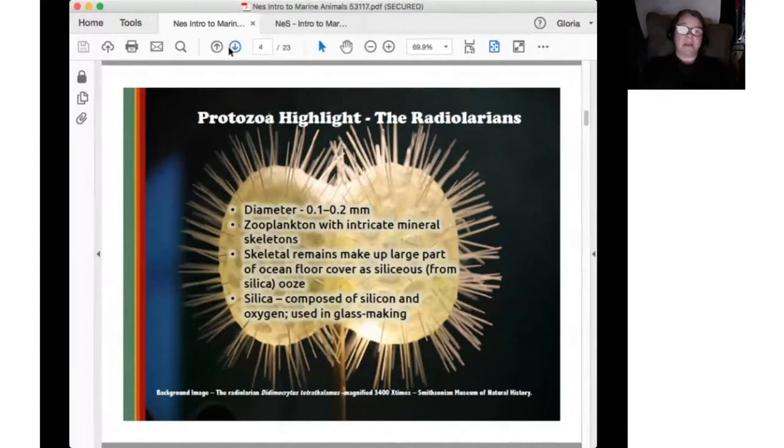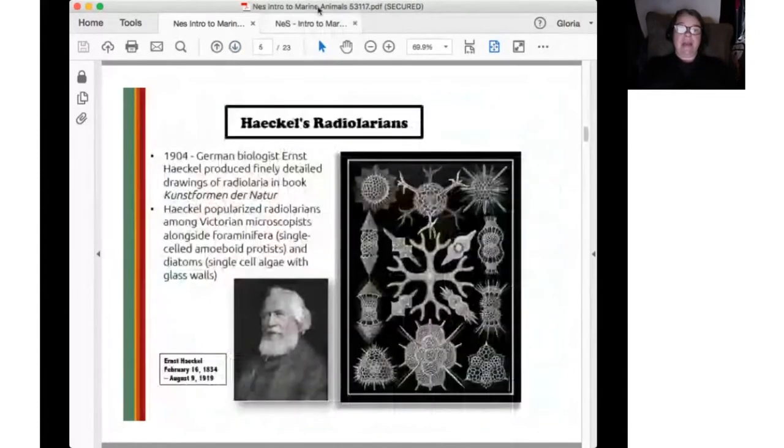All right, our next slide here. Now, Ernst Haeckel, he was a German biologist who created this beautiful image here that you see. These are different radiolarians. He produced finely detailed drawings of radiolaria in his book, Kunstformen der Natur. And forgive me if you're German and I butchered that.